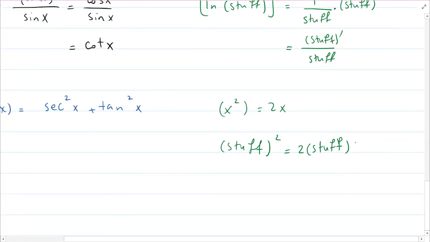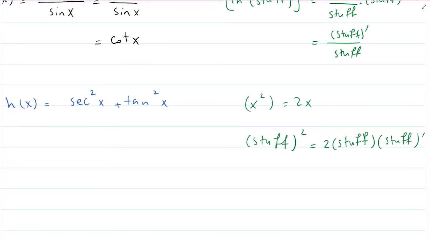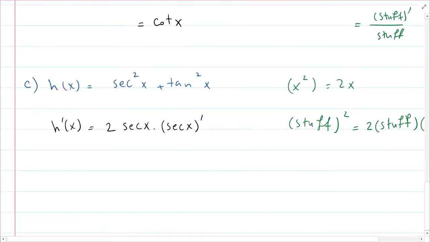And then because we are using the chain rule, we have to multiply it by the derivative of that stuff. So that means we will do h prime of x. The derivative of this would be 2, and then secant x multiplied by the derivative of secant x. For now, I can just write derivative of secant x.